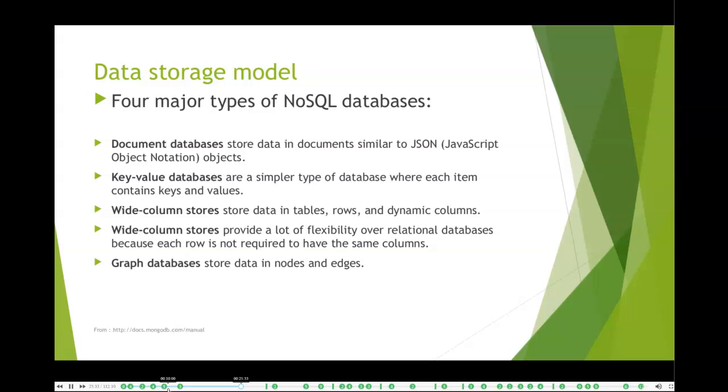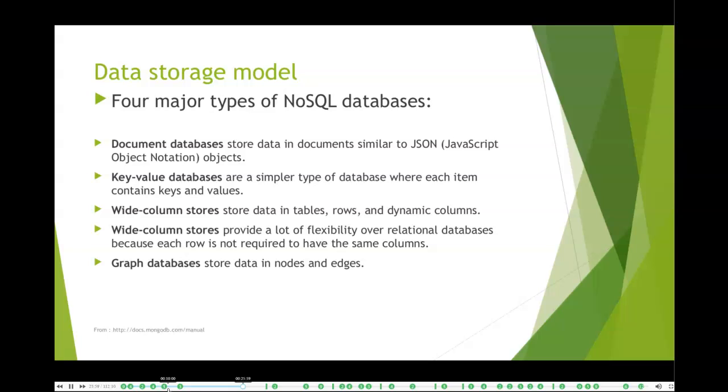So as I said, the MongoDB format, we refer to it as the document databases, where the data is stored in documents similar to the JSON, the JavaScript Object Notation objects. Now, the other example of the database, we have a key and value, a simpler type of database where each item contains keys and value.